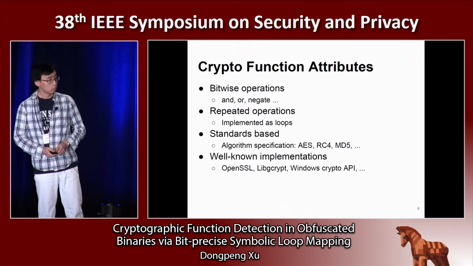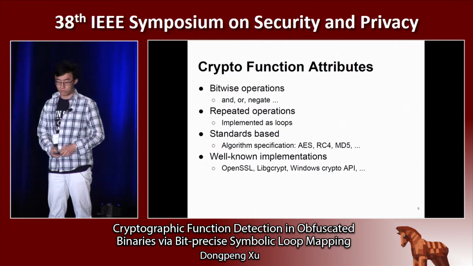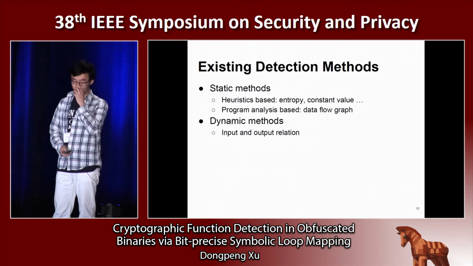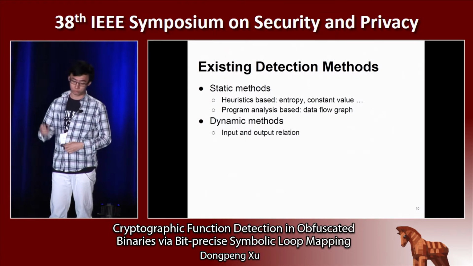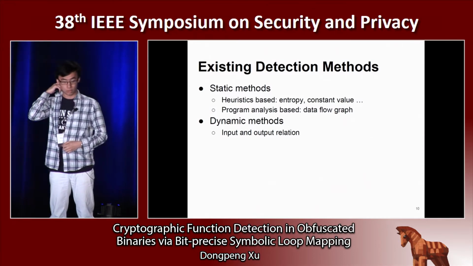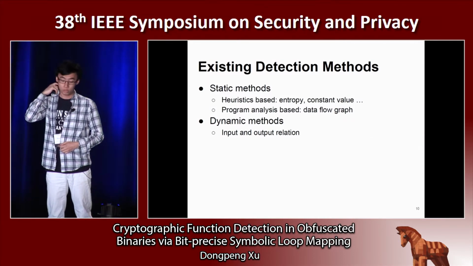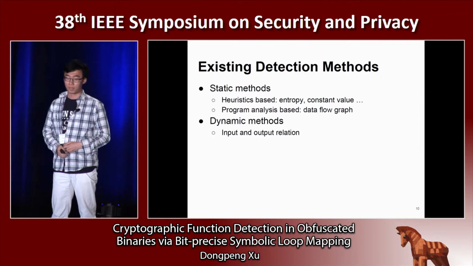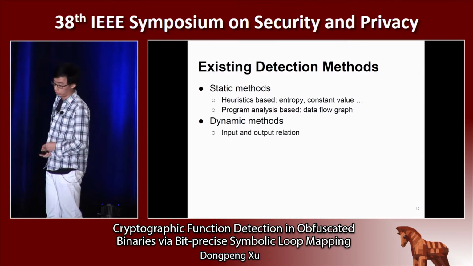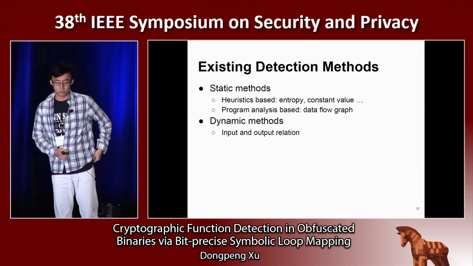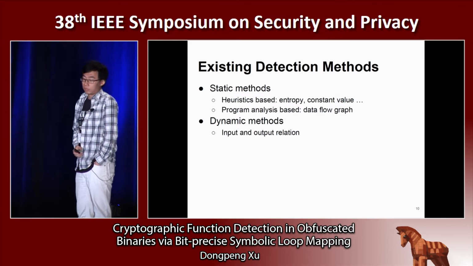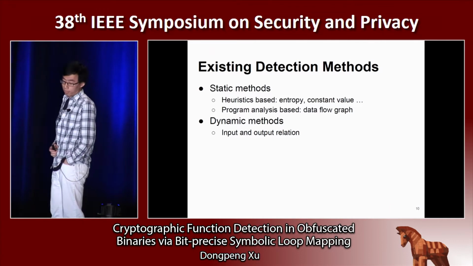The existing methods utilize these attributes to detect crypto functions. Generally, there are two categories of methods, static methods and dynamic methods. Many static methods are heuristic-based.